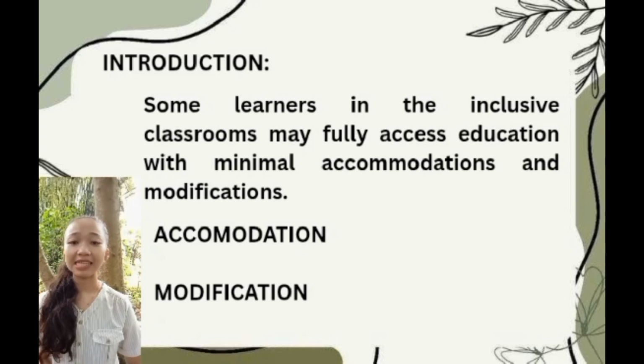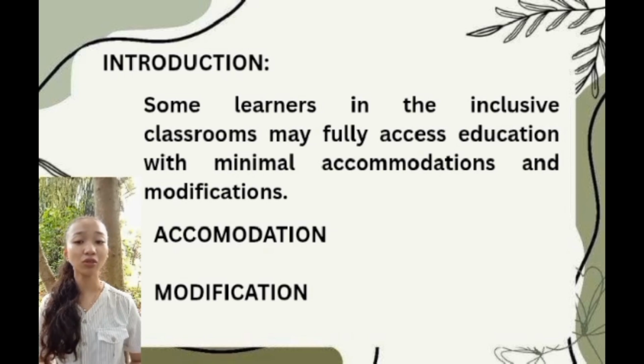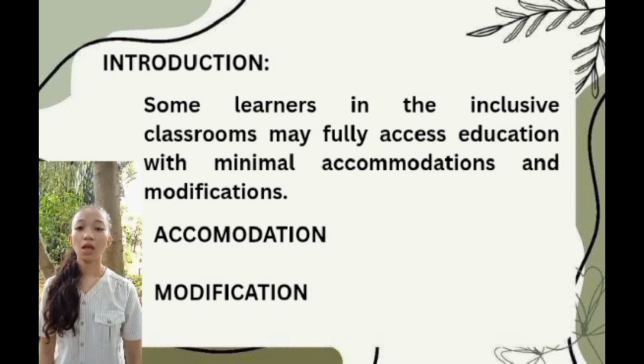For instance, a student who has difficulty walking may be provided with extended time to move between classes or the option to use a wheelchair. These adjustments do not change the nature of the work. They simply allow the students to access the same curriculum as their peers.